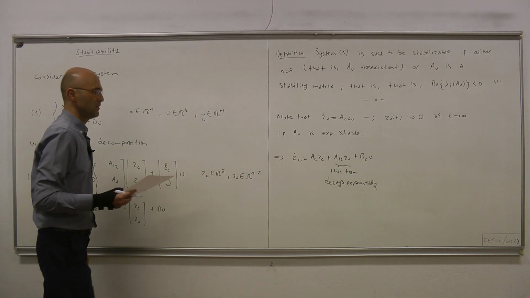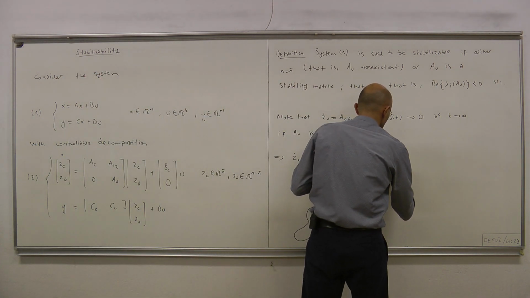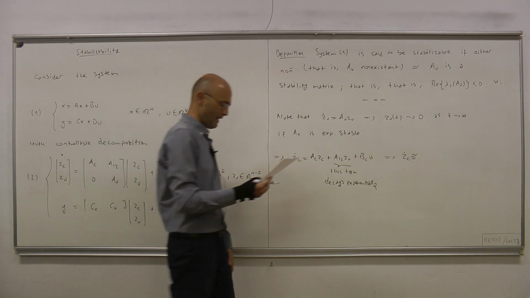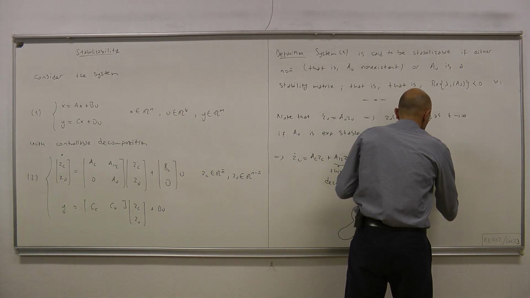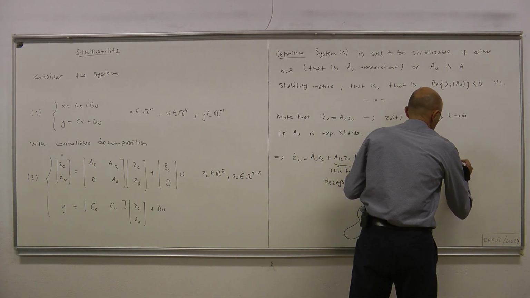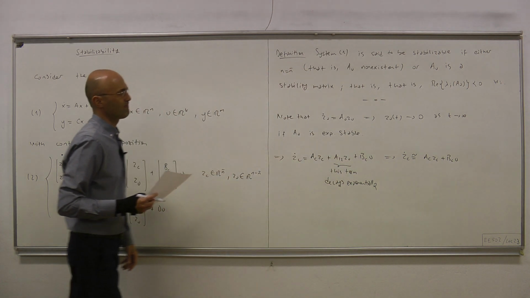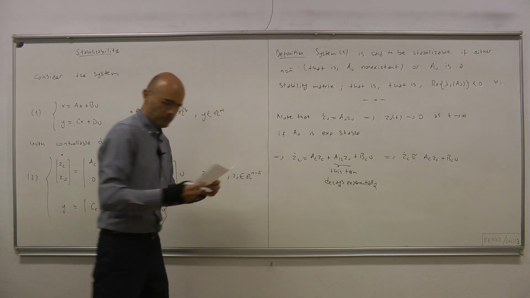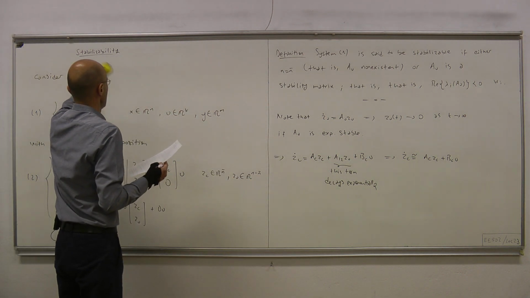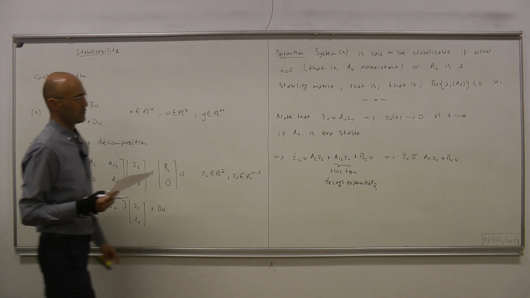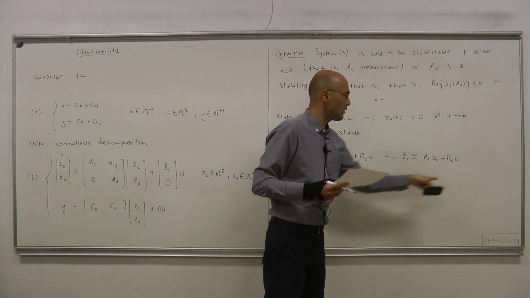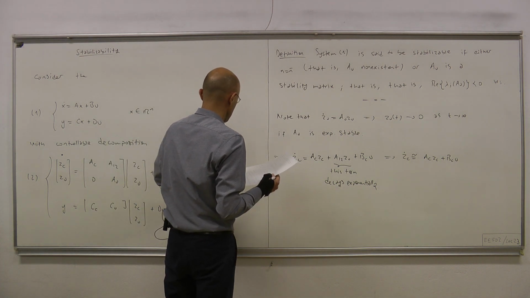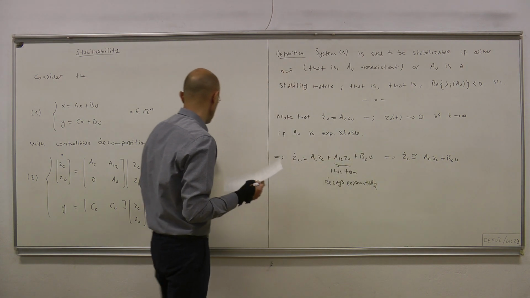So it's reasonable to assume that after a while the Z_C dynamics will be approximately A_C Z_C plus B_C u. And then we know that because this is a controllable decomposition, the pair (A_C, B_C) is controllable. Therefore, we can always find an input and make Z_C converge to 0.